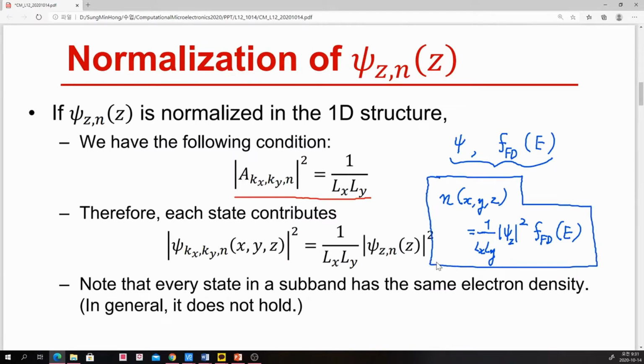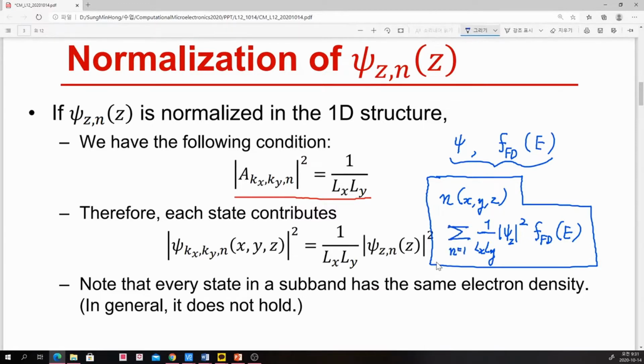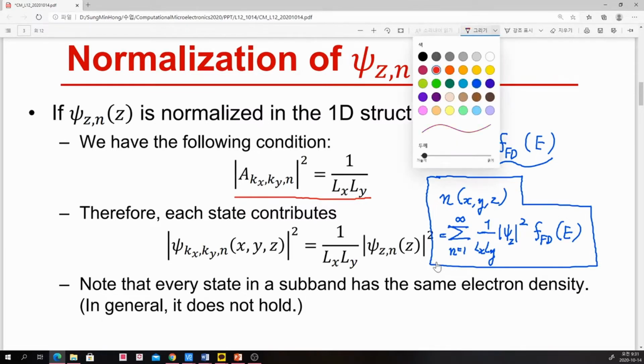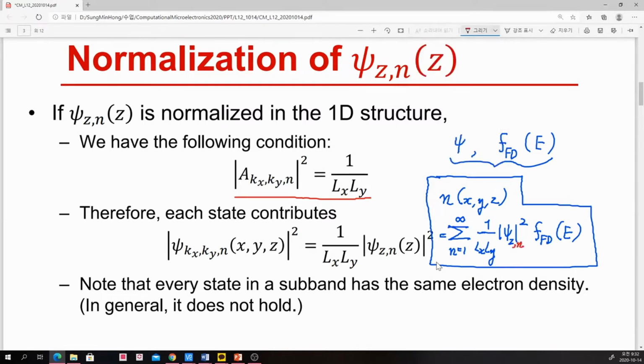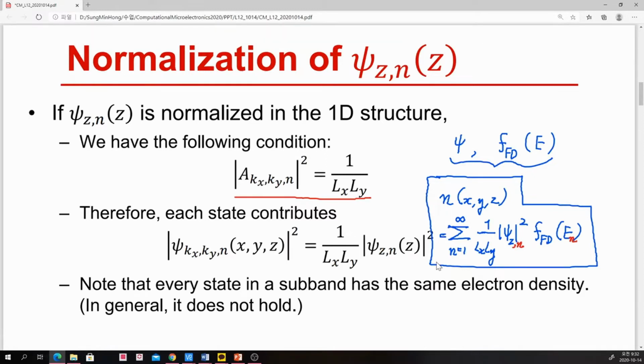If we have further states, then of course we have to introduce a summation over those states. So let's say we introduce a subband index n, and E sub n is introduced to distinguish them.